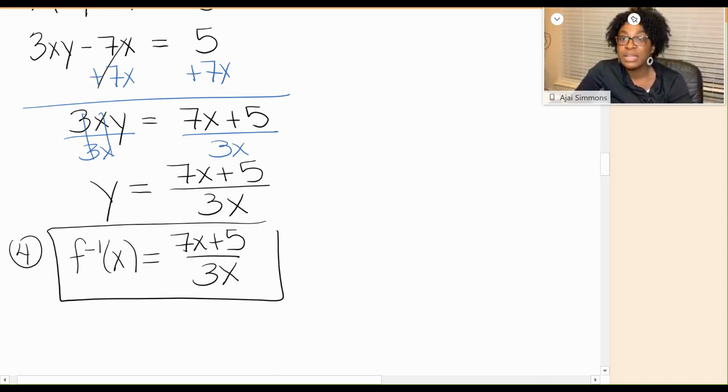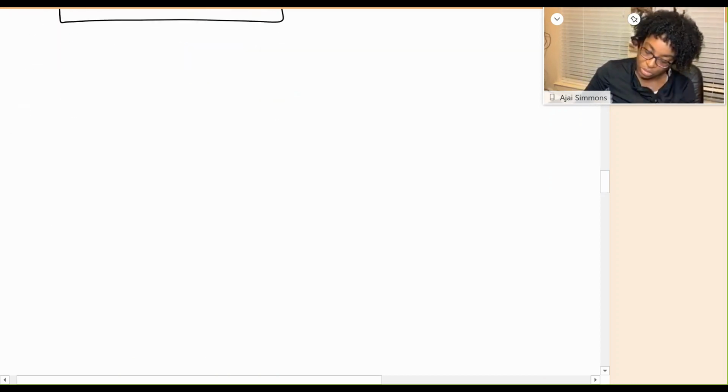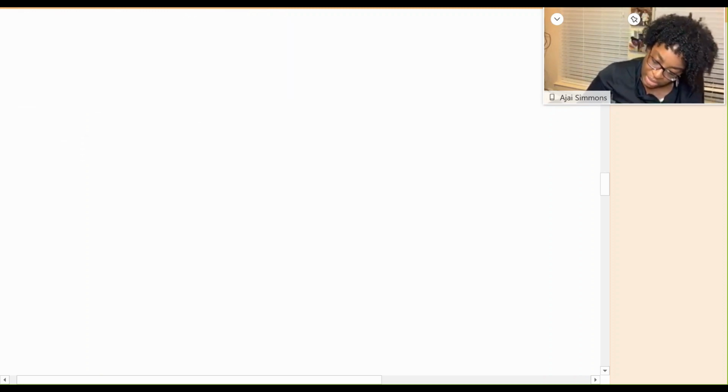I'm telling you, these 4 steps stay exactly the same. It's just solving for y is going to change depending on what the function looks like. I'm going to do one more example because I don't want this video to be too long.